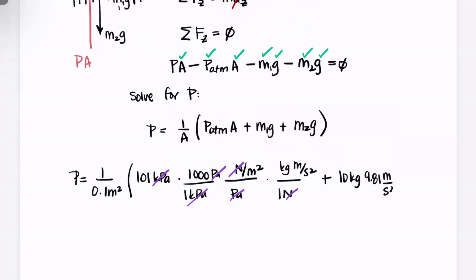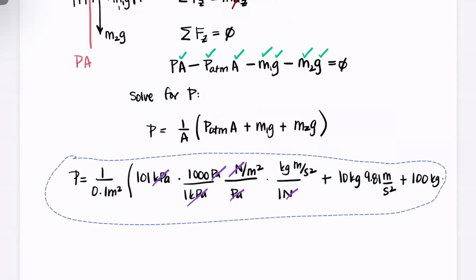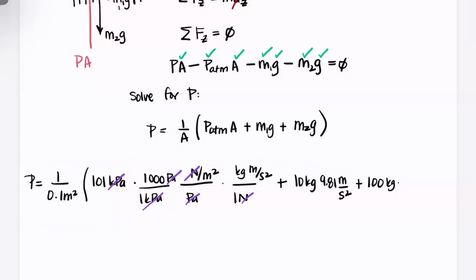And then I also have 100 kilograms times gravity. So let me just move this over. 9.81 meters per second squared.